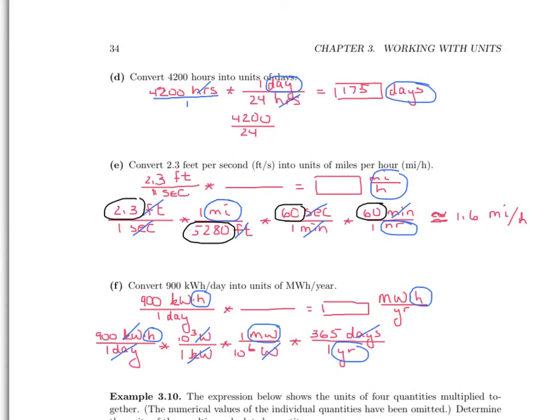So we started off with our quantity over here. We have to multiply by 3 conversion factors in order to arrive at these units. So this conversion factor right here is actually the product of these 3 conversion factors. So let's finish this up.